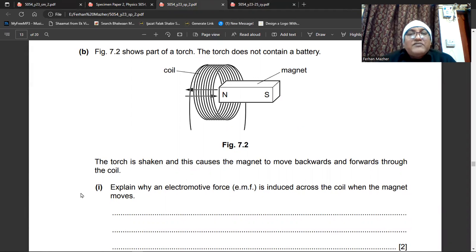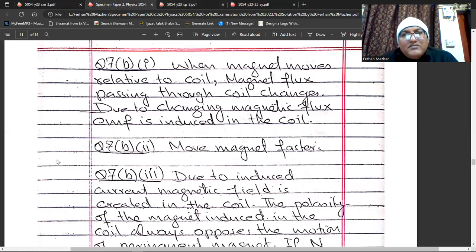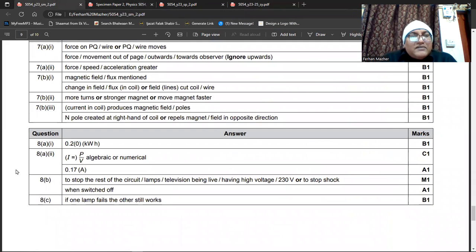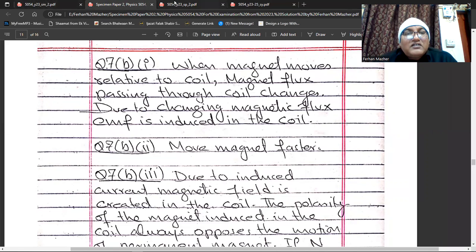And third method can be increase the number of turns per unit length of the coil. There can be many methods, you only have to give one. So move the magnet faster. So they say more turns or stronger magnet or move magnet faster. So our answer is right, sir.